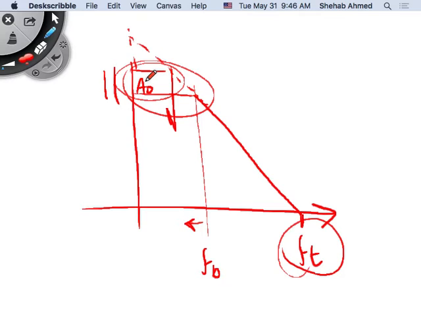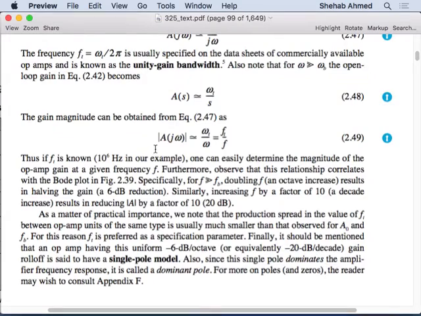It's not going to be very precise, because the production spread is high for this value. So assume it's ranging between here and here. Then FB ranges between here and here, for example. So approximately you can do that. But what is really critical, or defined very well based on the manufacturing process, is FT. Okay, so that's what they're trying to say here.